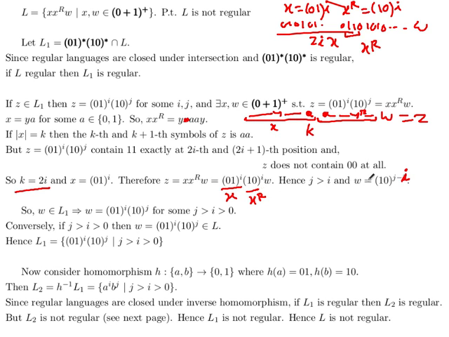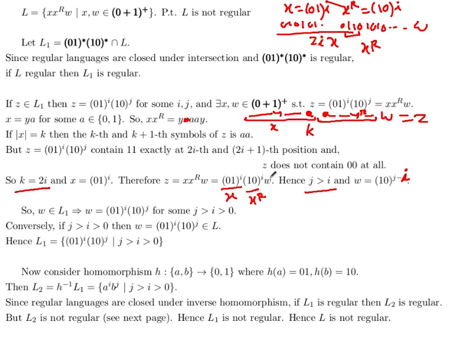So this is the only possibility, and this means that j is greater than i, okay? Because this part is non-empty. You see that this w is non-empty, so this is positive, which means j is strictly greater than i.